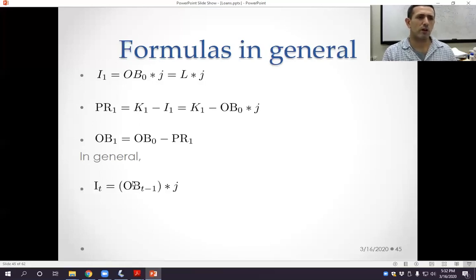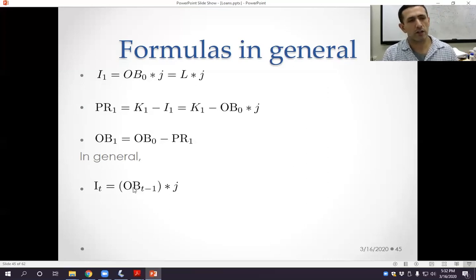And in general, the formulas are as follows. I_T is the value of the loan at the end of the previous year times J. That value accrues 1 period of interest.